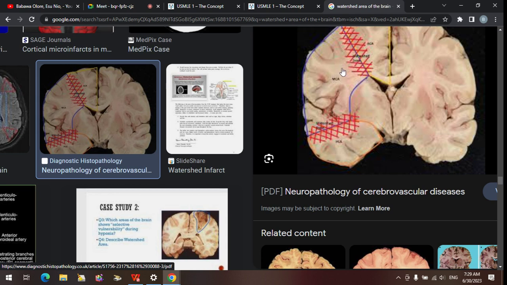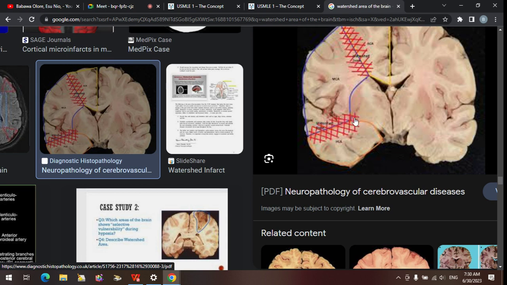Now, the watershed areas are areas that are supplied by the distal arteries of two major arteries. That means that we can say that this portion here is a watershed area, because this is the distal part of the MCA, this is the distal part of the ACA. This is another watershed area.